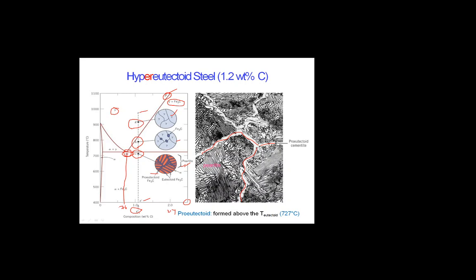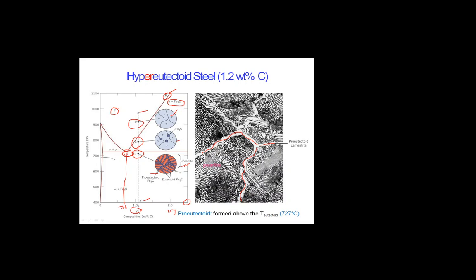Since it has much the same appearance as the pro-eutectoid ferrite, there is some difficulty distinguishing between hypoeutectoid and hypereutectoid steel on the basis of microstructure, because all the pro-eutectoid phases have a similar shiny, whitish appearance, which causes confusion about what is happening inside the material.